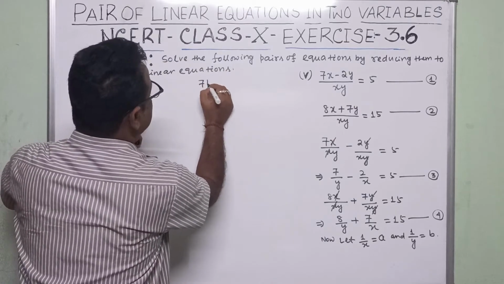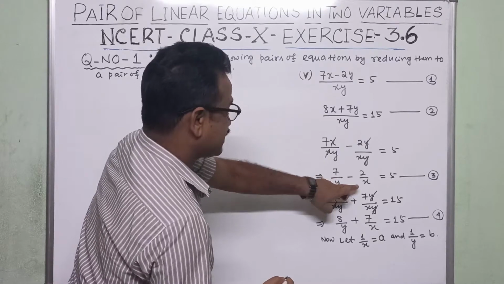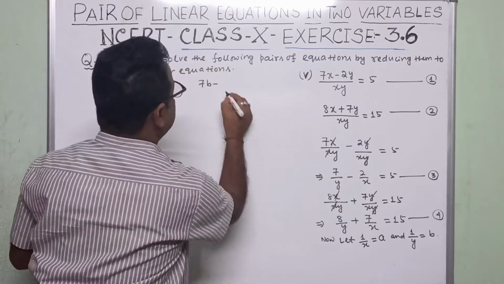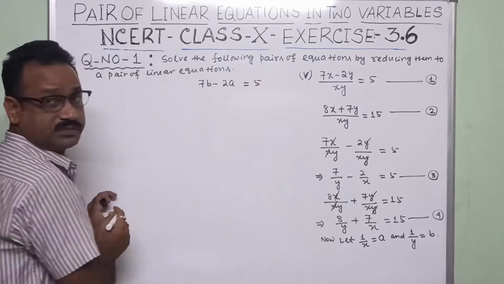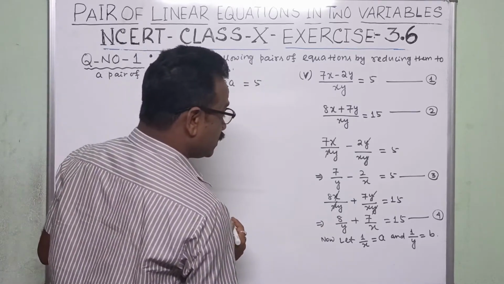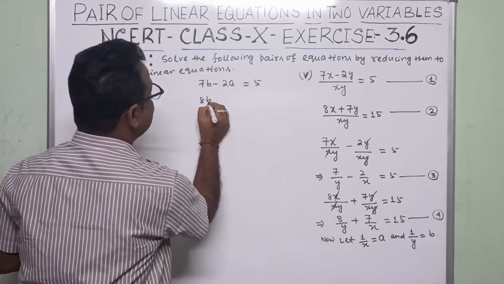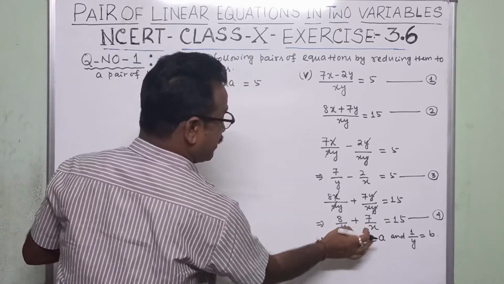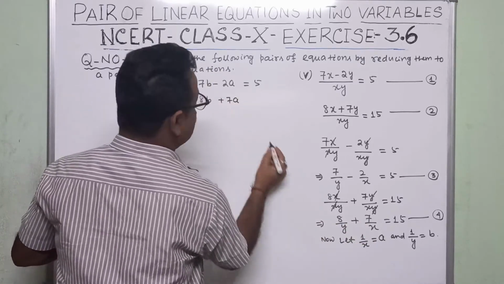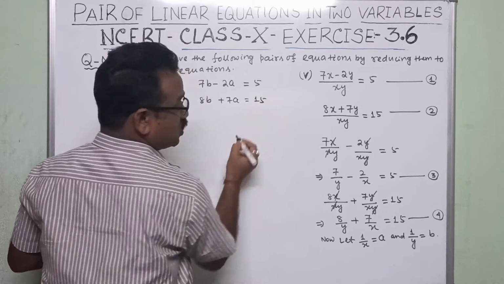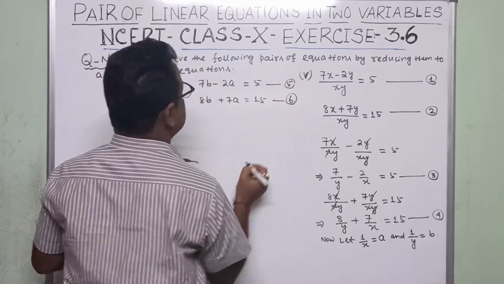So 7b minus 2 by x is equal to 2a is equal to 5. Now your second one, 8 by y, 8b plus 7 by x, 7a is equal to your 15. So this is, let's say, equation 5, this is equation 6.